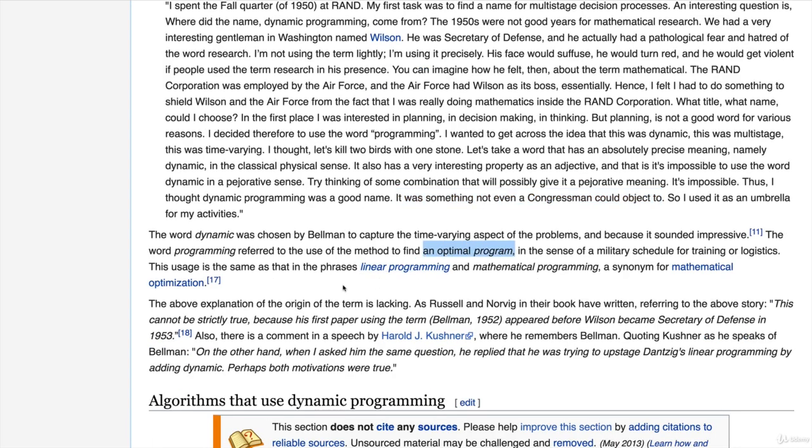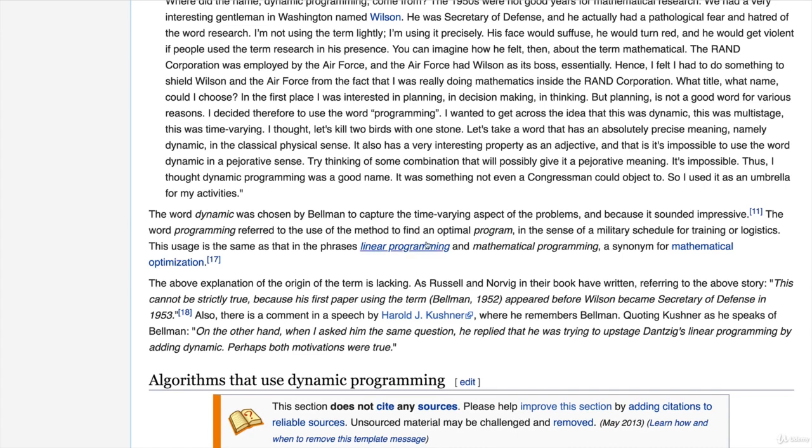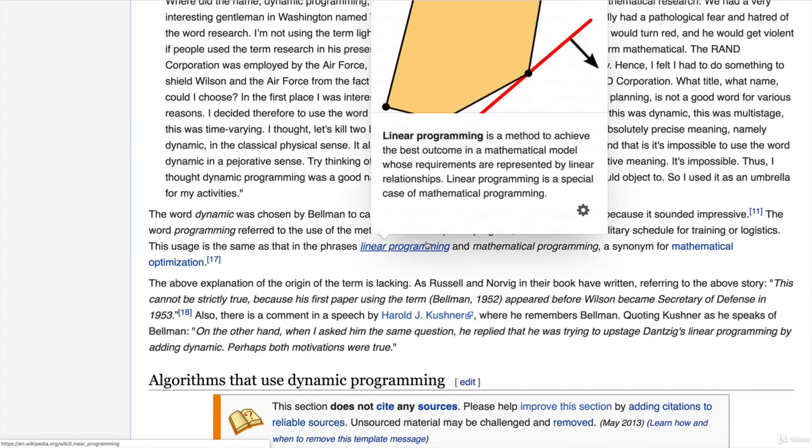In the same way, if you've ever heard the term linear programming, which refers to finding a good outcome, I'm just reading from this, by the way, a good outcome in a mathematical model whose requirements are represented by linear relationships. This has nothing to do with code. Programming has a totally different meaning here.